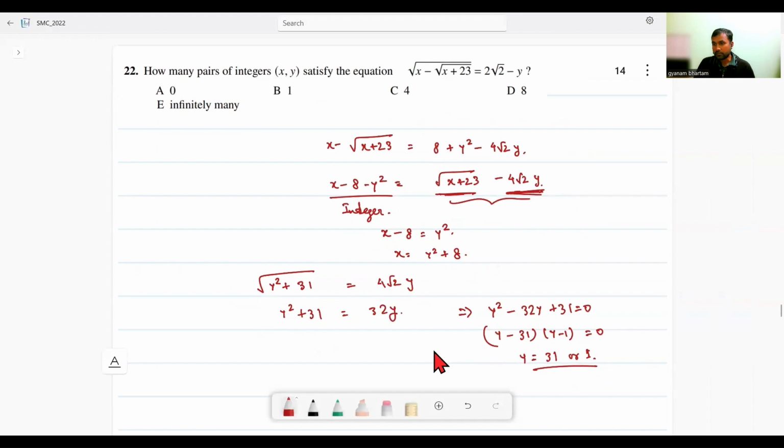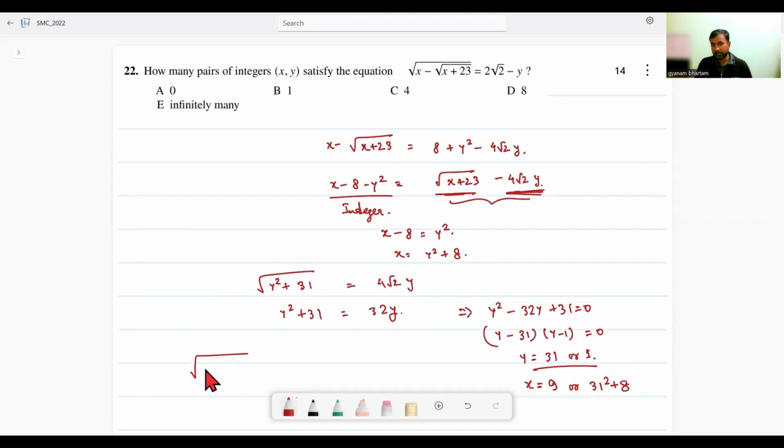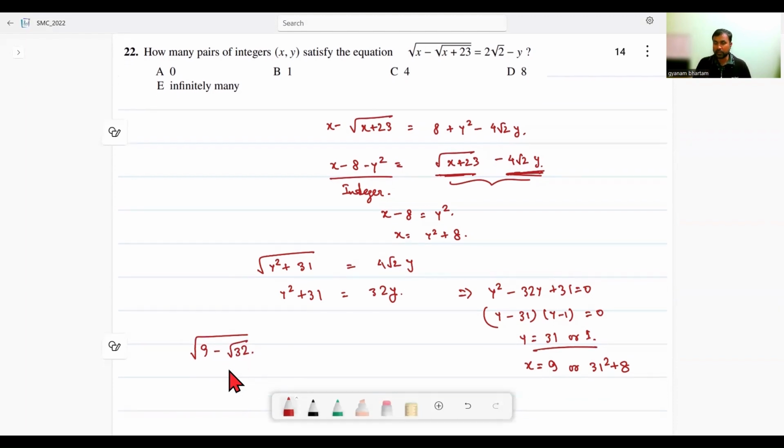Now, what is the x value in this case? So the x value is going to be 1 plus 8, that is 9, or 31 square plus 8. Now, first let's do it with the 9. So on this side we have 9 minus 32, right? x plus 9 plus 23.